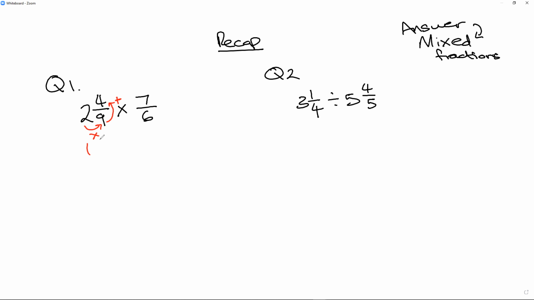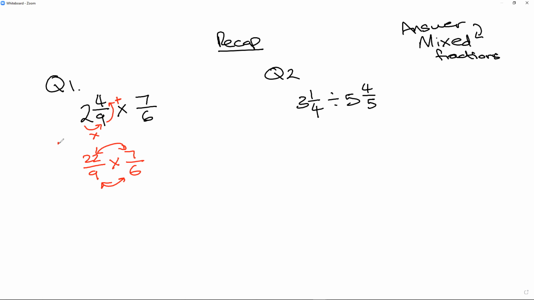So 2 times 9 is 18, and 18 plus 4 is 22. So 22 over 9 is this entire fraction. Now we can multiply this by 7 over 6, and remember, when we multiply, we simply multiply the top 2 numbers together and the bottom 2 numbers together.